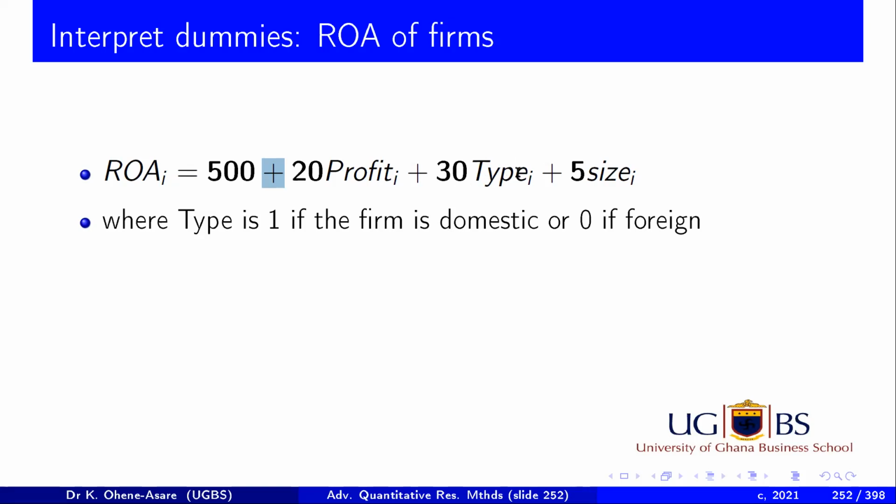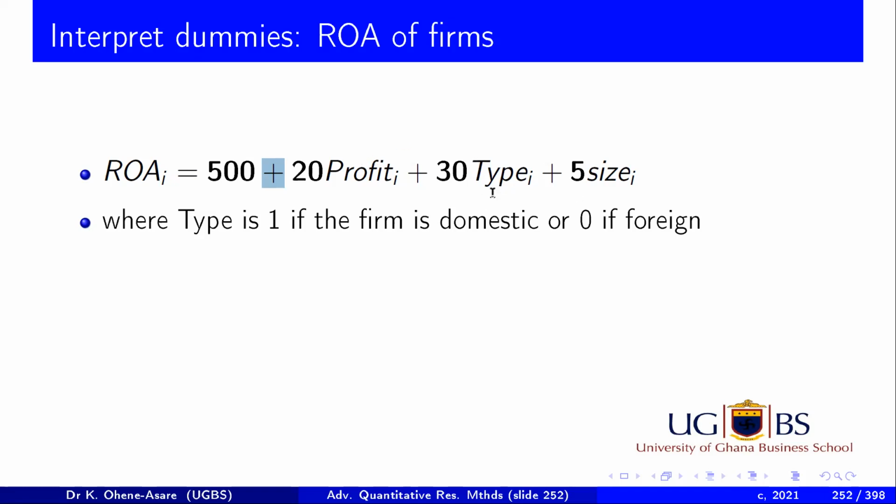You indicate that on average, and of course, everything that I said, you have to hold everything constant. Because I'm interpreting type, I have to hold profit and size constant.